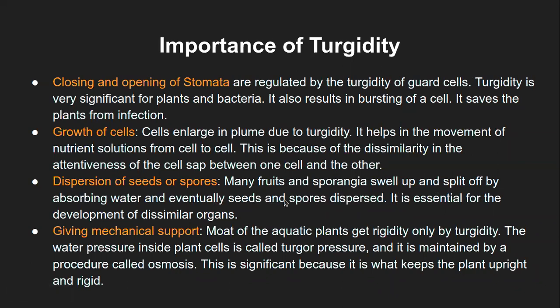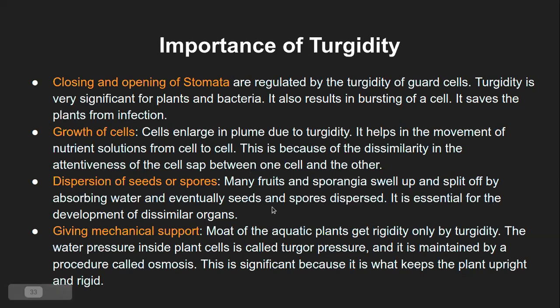Like I even gave an example of custard apple. Too much water inside will actually cause the bursting of the custard apple. Something similar, if there are fruits or other sporangia-like structures, they will take in water and it will ultimately burst open. So ultimately the seeds from the fruit or the spores will get dispersed.